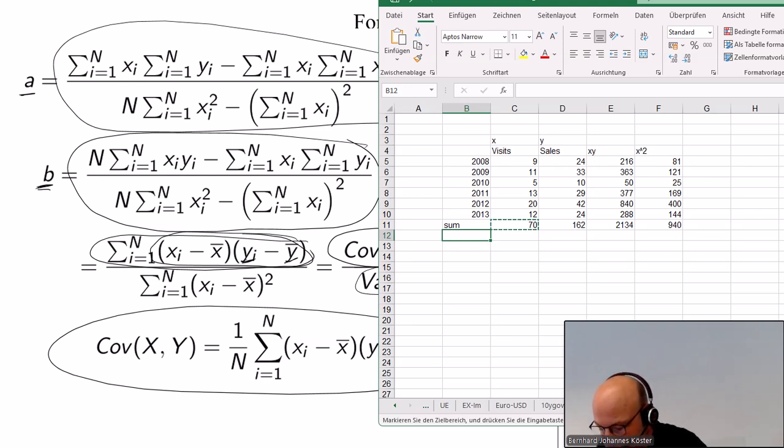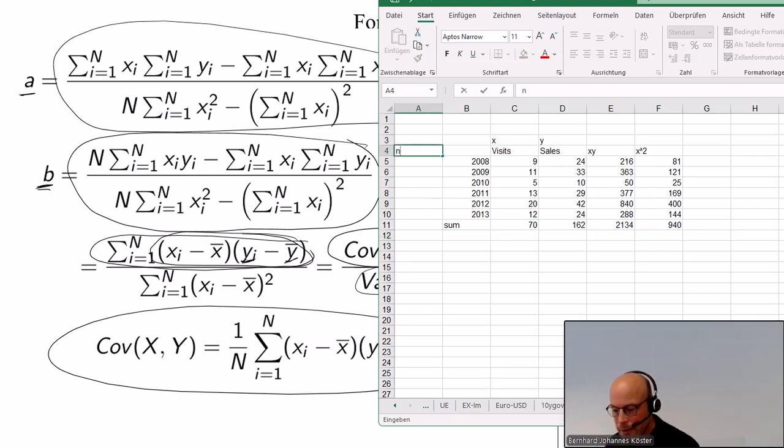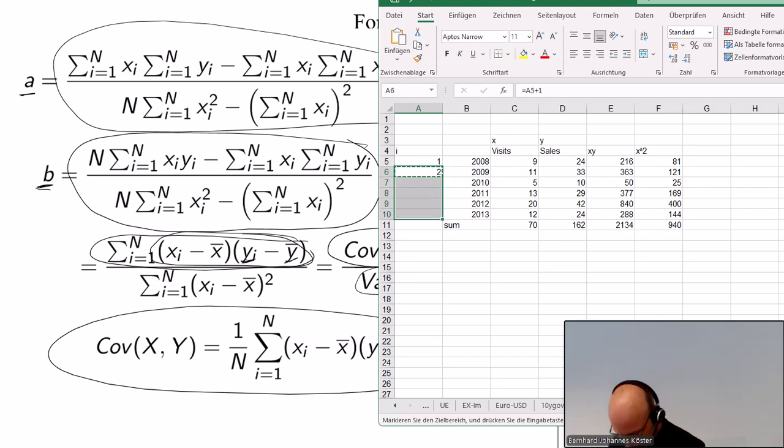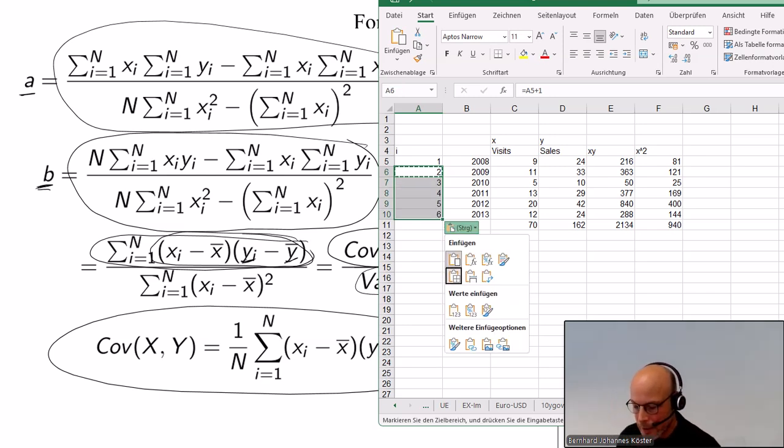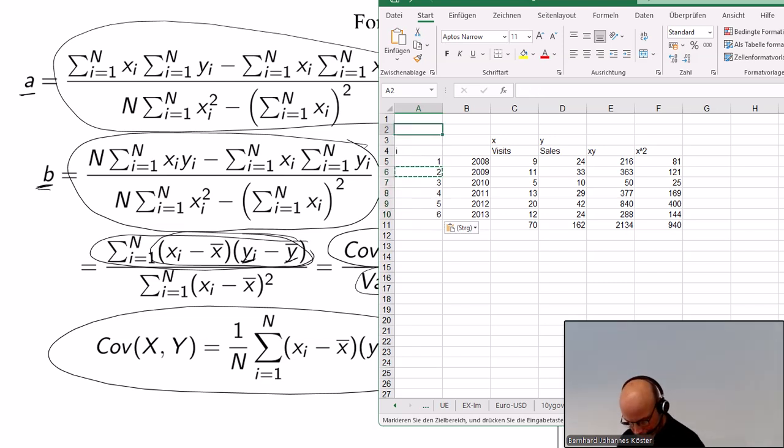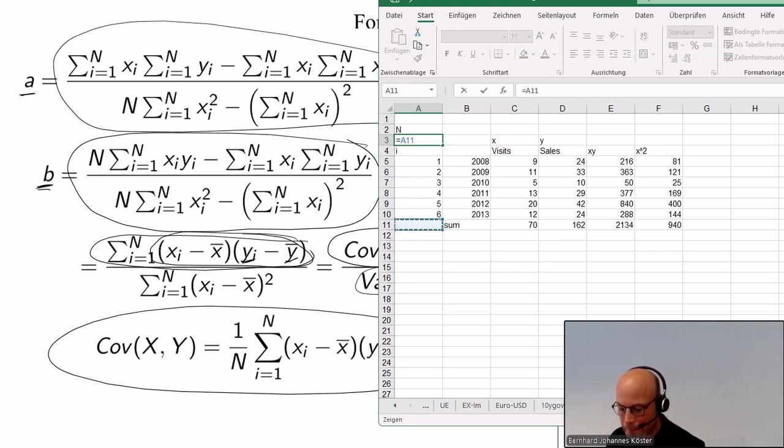We have 6 years, so n is 6. Or this is i. And then we have n equals 6.